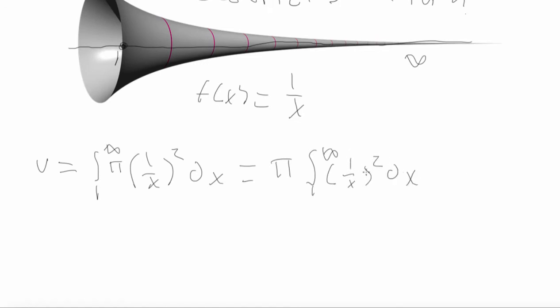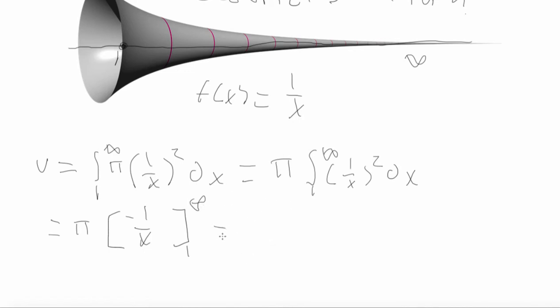So the antiderivative of 1 over x squared is the same thing as x to the negative 2. Antiderivative of x to the negative 2 is going to be negative 1 over x. So this is equal to pi times negative 1 over x from 1 to infinity.